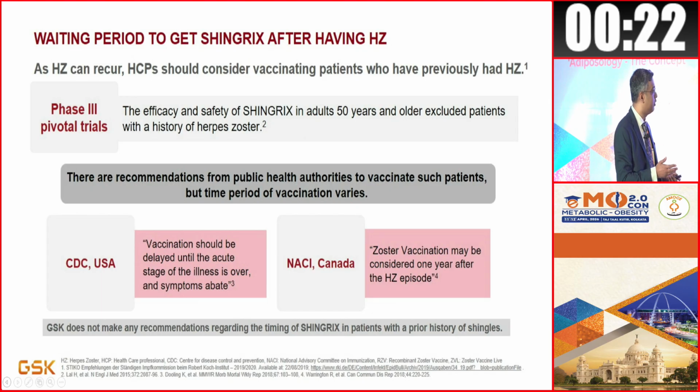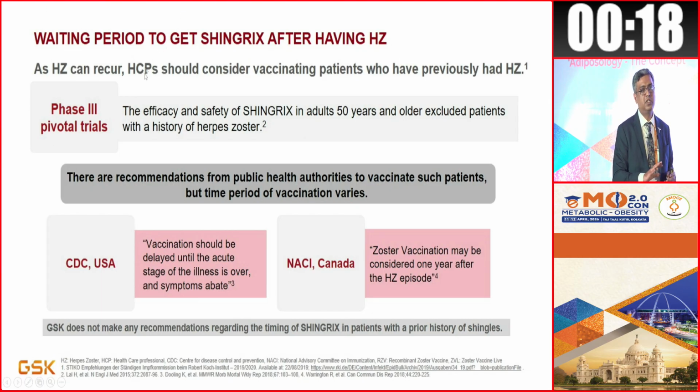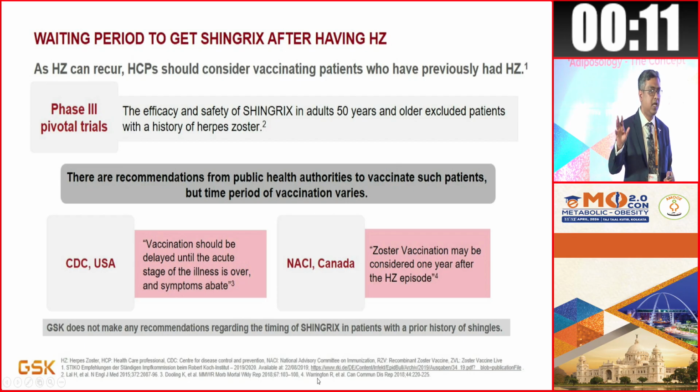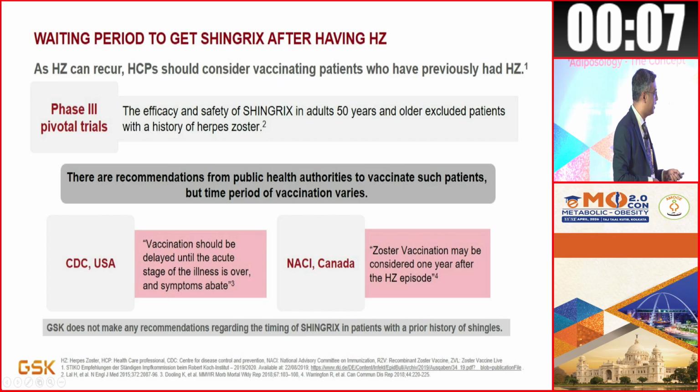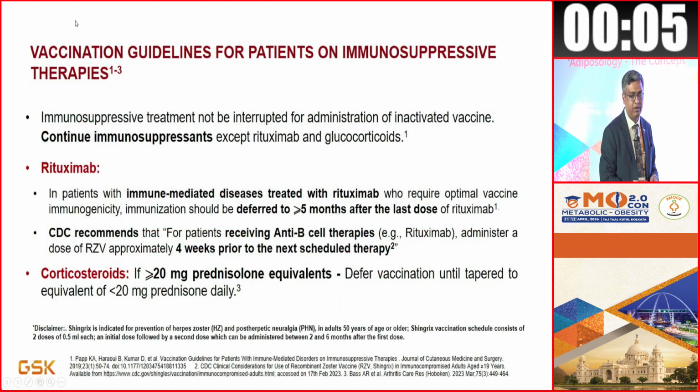Another is the Canadian authorities. They say that up to 1 year after infection, it mounts a very reasonable antibody response, so till 1 year you need not vaccinate. After 1 year, you can vaccinate these patients. So it's open to debate. It's a gray zone area. You can follow either school of thought.